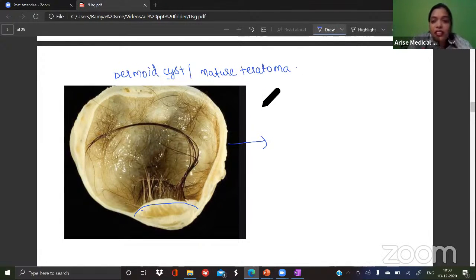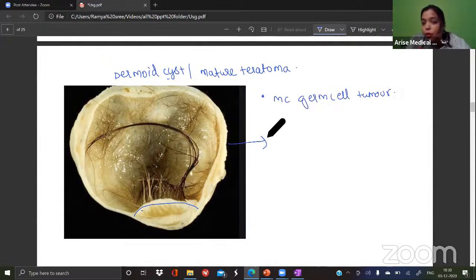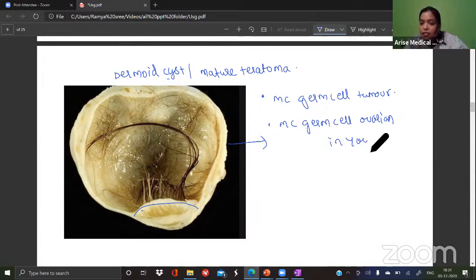Dermoid cyst has many one-liners, guys. It is the most common germ cell ovarian tumor in young girls.